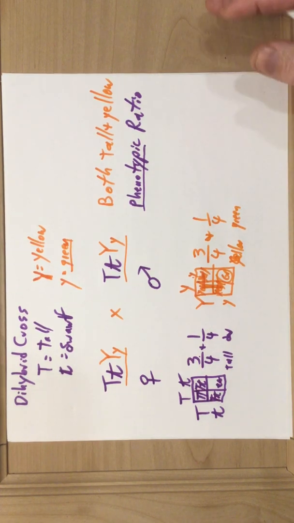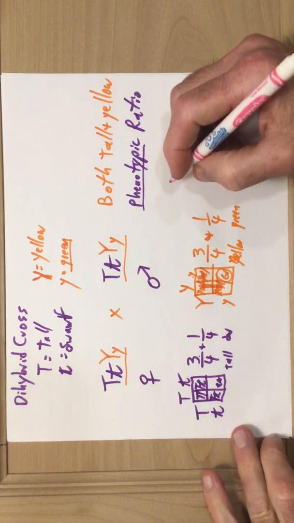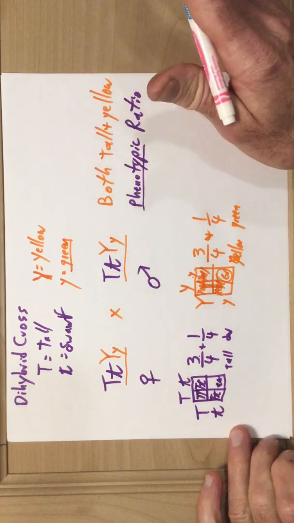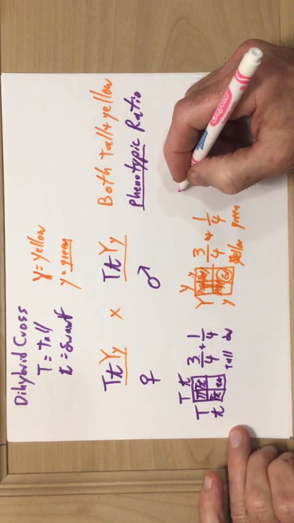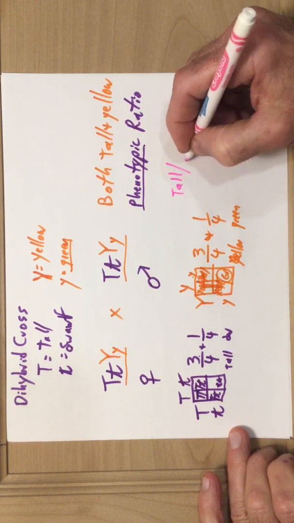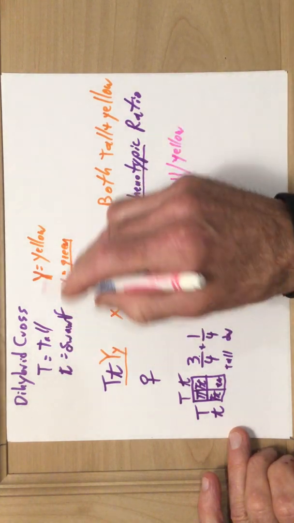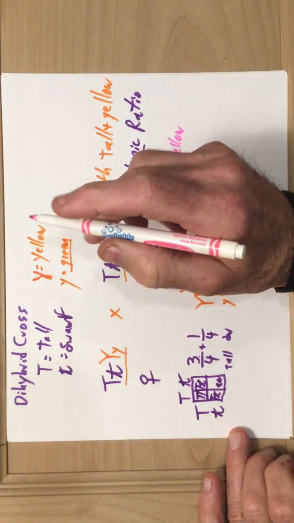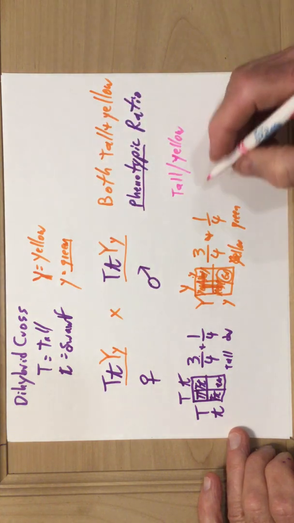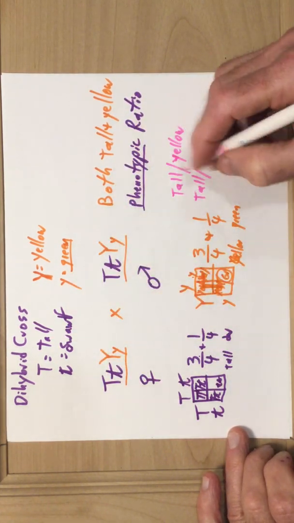So, here's the trick. You have to write down all the possible babies that you can get. I'm going to write them out over here on the side. This is all the combinations of babies you can possibly have. You could have a tall yellow plant. It's going to be a common one because those are both the dominant traits, right? That's going to be the easiest plant to get. You could have a tall green plant.